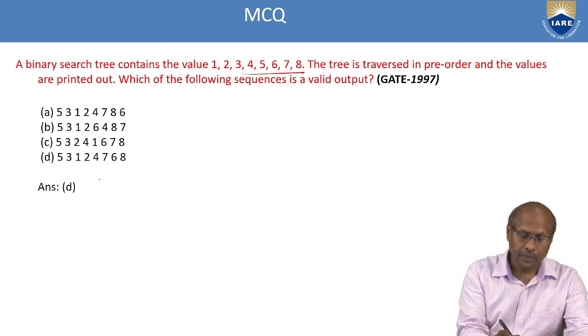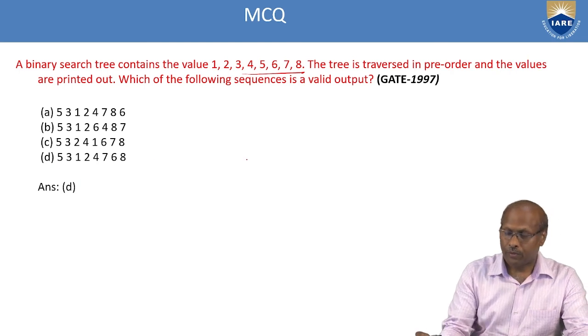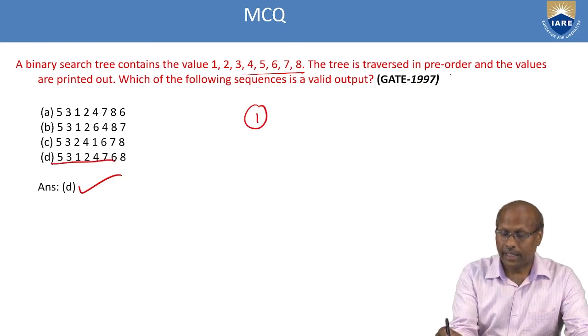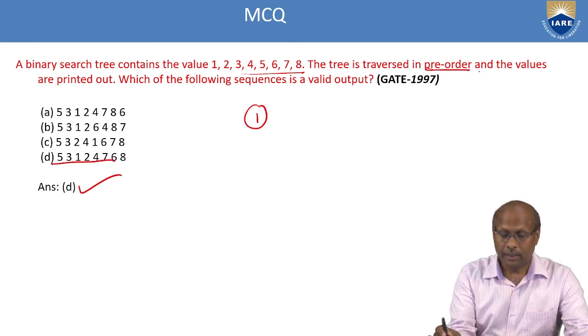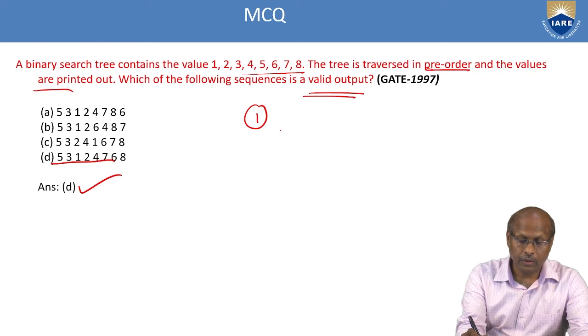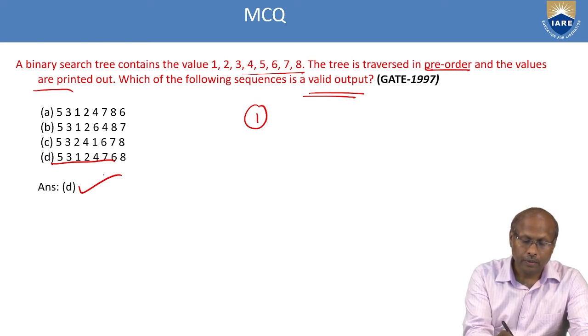So the pre-order value will be, among the options, the valid output is 5, 3, 1, 2, 4, 7, 6, 8.